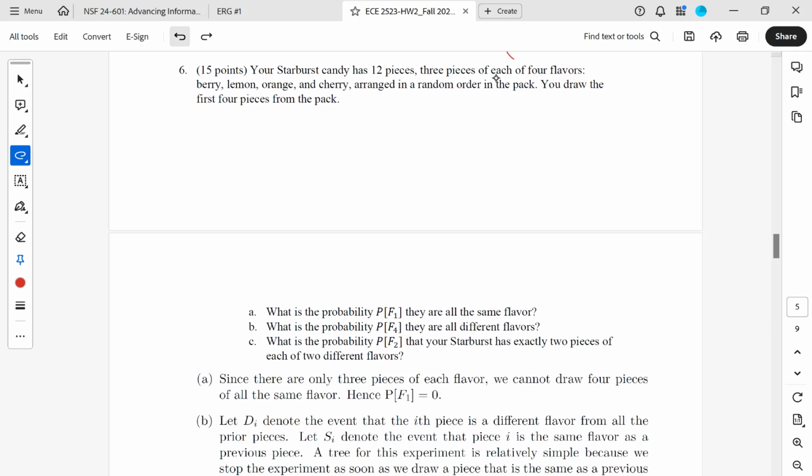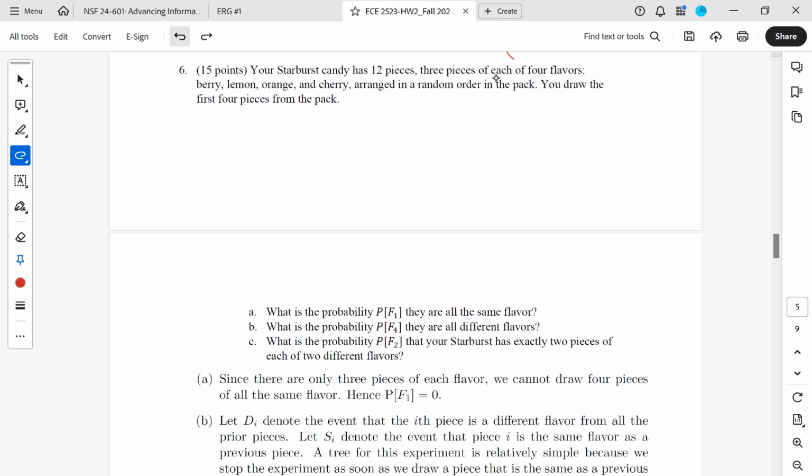We have 3 pieces for each flavor, and if the condition is that the 4 candy we draw have the same flavor, basically it means it's impossible. Is that clear? I think it's very straightforward. And what is the probability? What is the word impossible in terms of probability? It means 0.